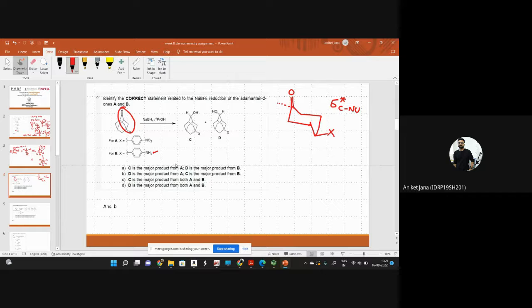So varying the electronic property at the 5 position, the NH2 group is better able to donate electron density in forming the sigma star CH bond. Here the nucleophile is hydride, as we know. So a new carbon hydrogen bond will be formed, and the anti-periplanar attack from that side is favored. Okay, so whenever X is NH2, this equatorial bond formation will be favored.